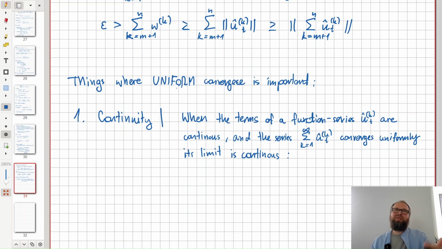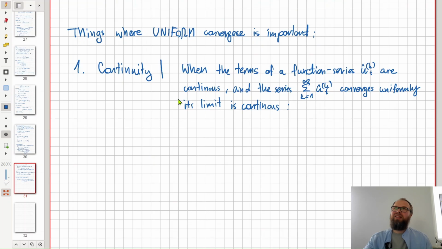We won't lose continuity. If it was just pointwise convergence, you can come up with examples where this breaks. So if you want to be sure that nothing wrong is going on, you have to take care of uniform convergence. And the equation that illustrates this quite nicely is this.